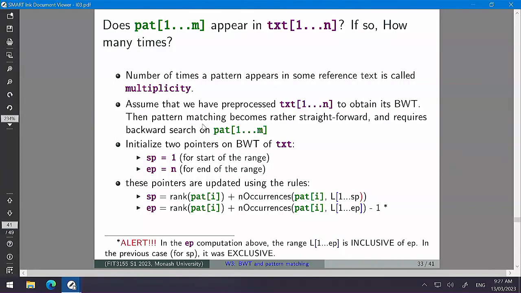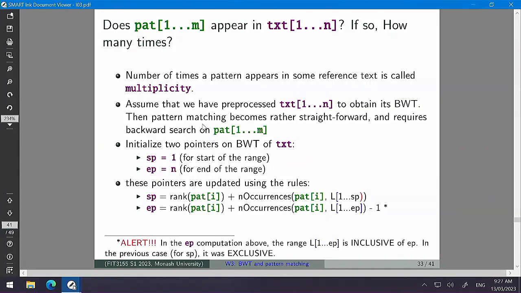As you are recovering backwards, when you end the algorithm, you will find all positions, from start point to end point in the suffix array, where the whole pattern appears, because you've gone from m-1, m-2. Once you reach 1, you have searched for the whole pattern. Wherever the pointers are pointing to in the suffix array will be your pattern matching.